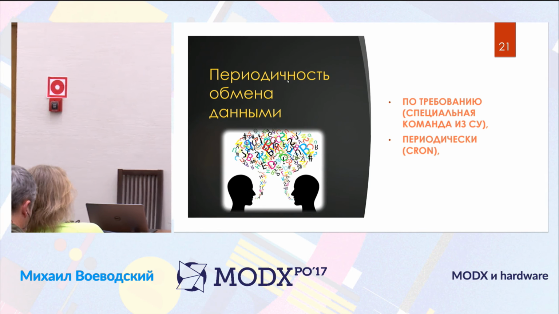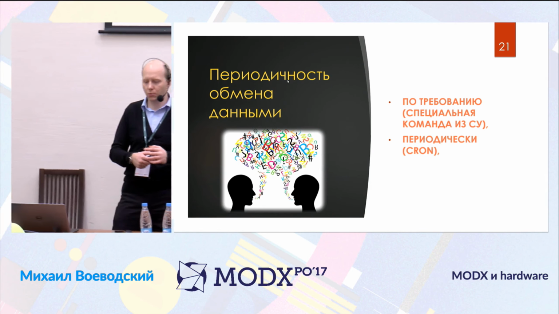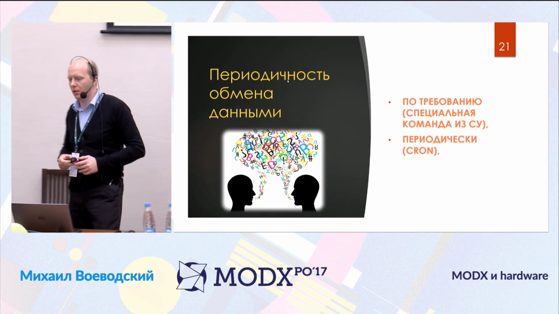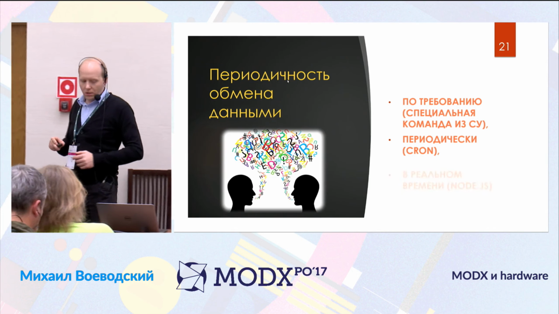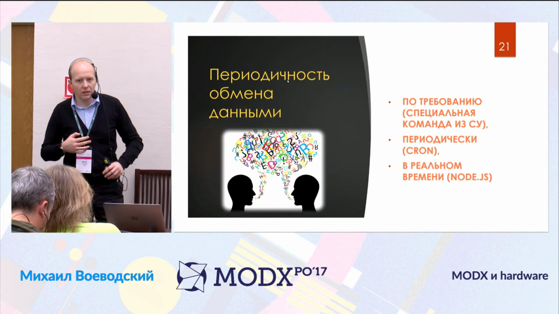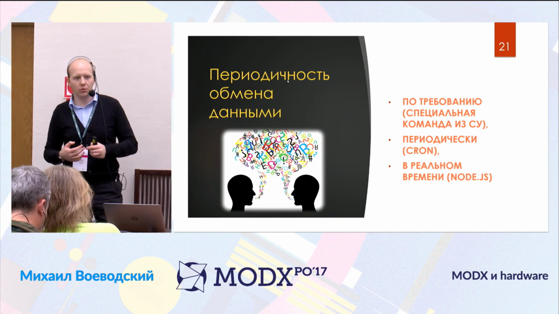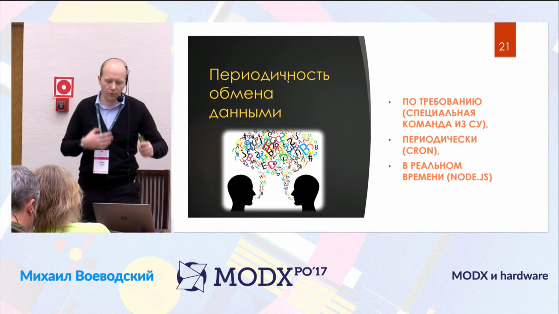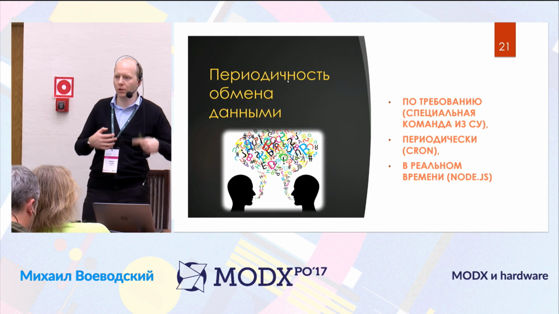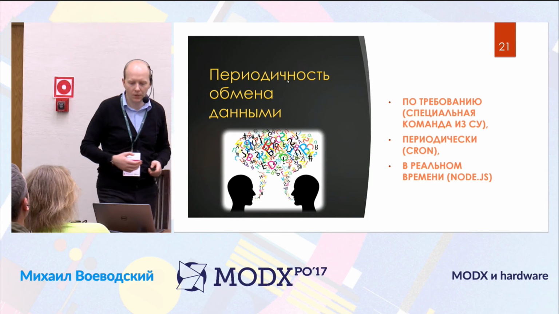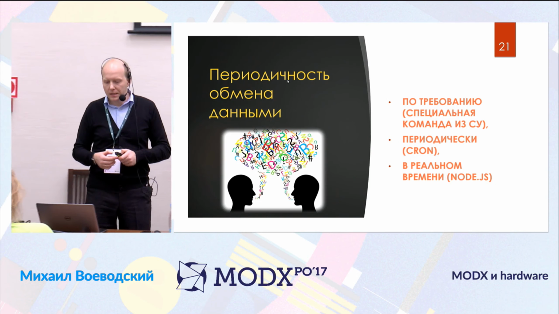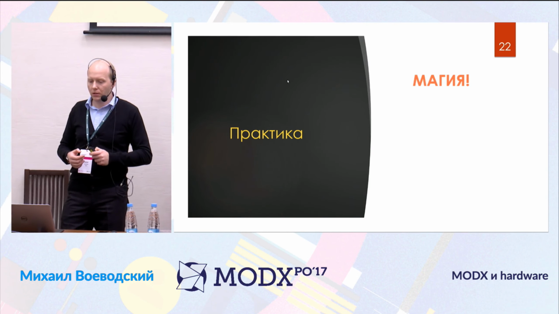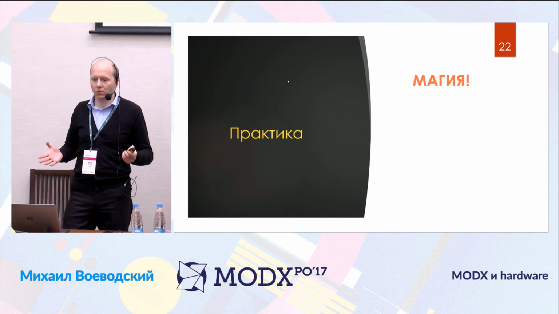Further option, once a minute, once in 10 minutes, or once in 24 hours, by cron, launched by schedule. And the final version, in real time, with Node.js, activated when some event has taken place. From the main stuff, that's basically it.